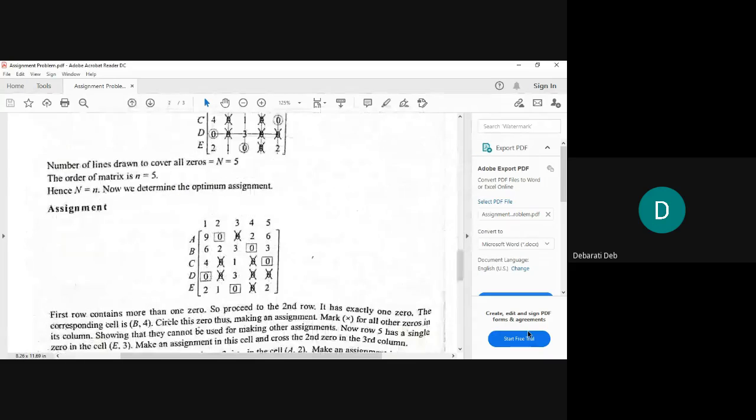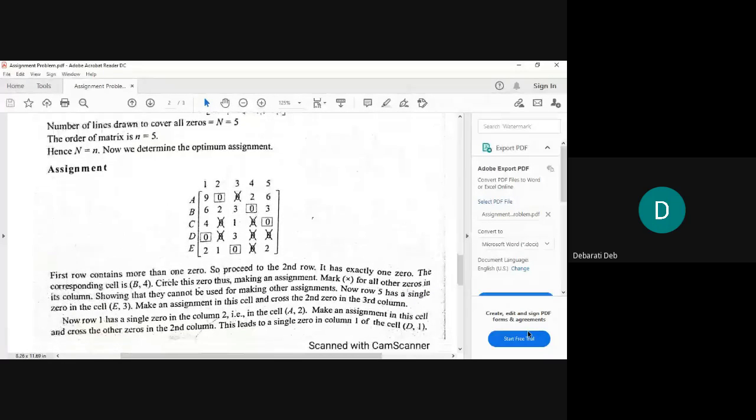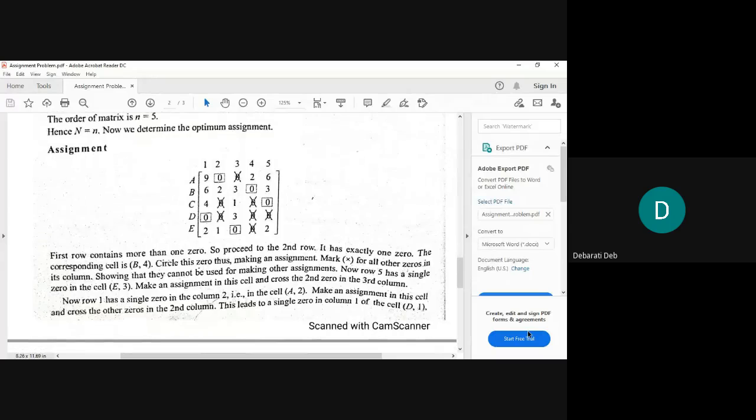So when you mark the 0 in cell B4, you are assigning the fourth job to machine B.